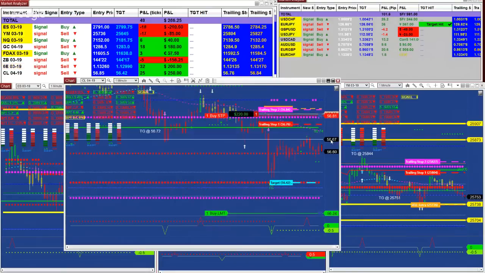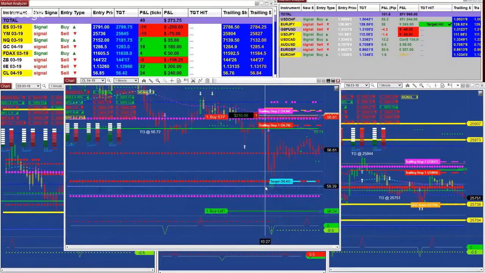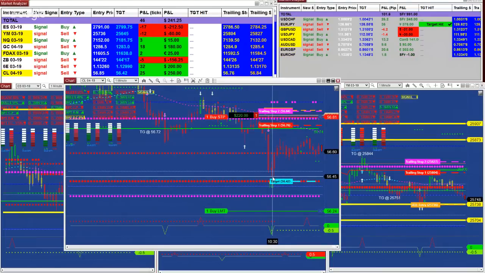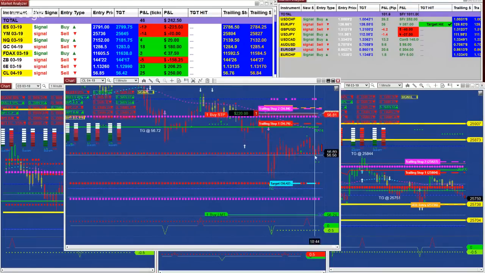Let's see how it's going to go. As you see here, the target is 56.42. We missed the target by a couple of ticks, so it's not much. Seems like we're about to break that area here, the 56.59.